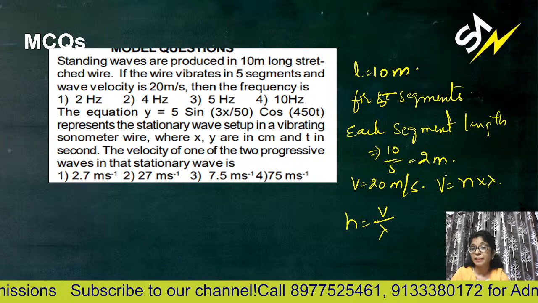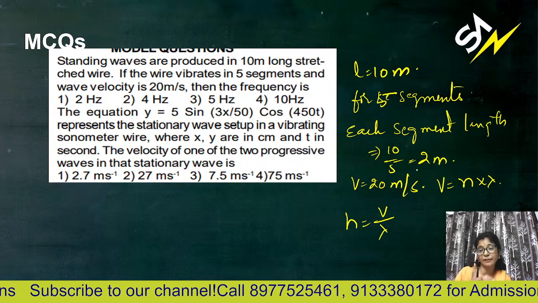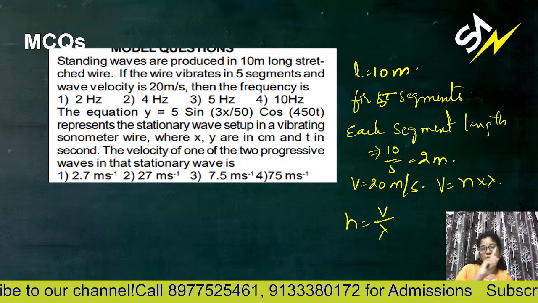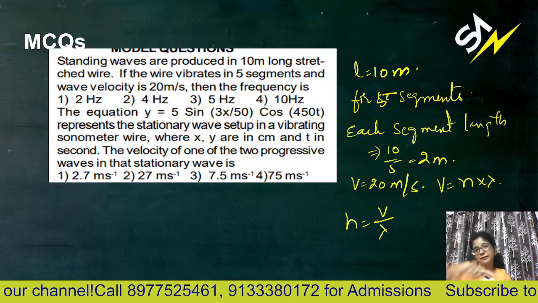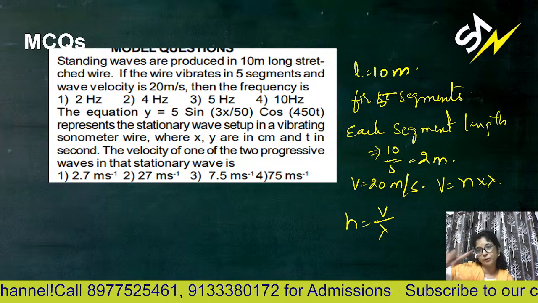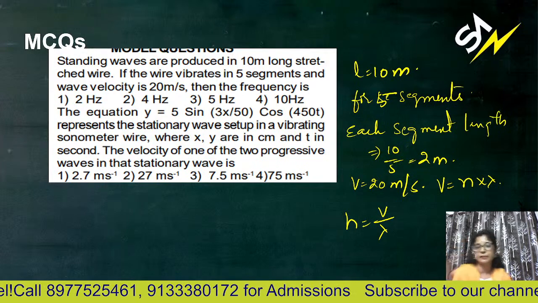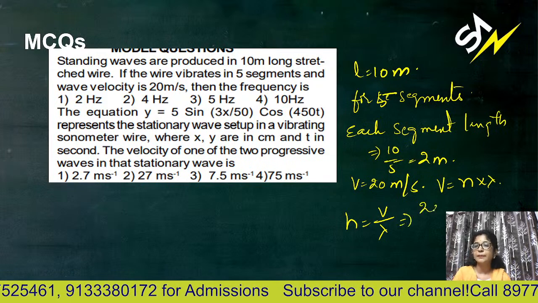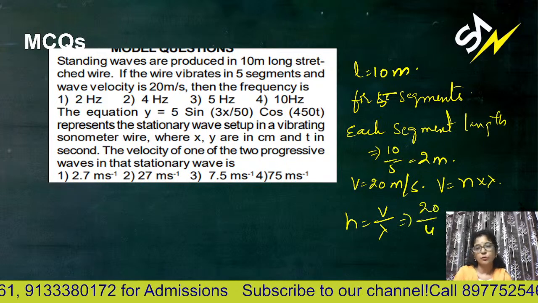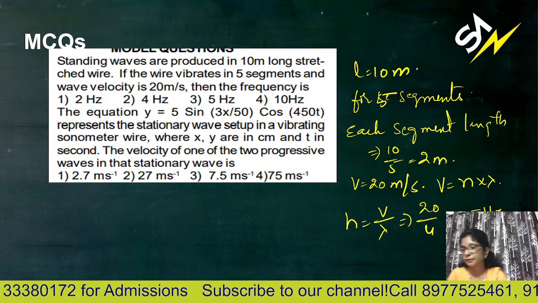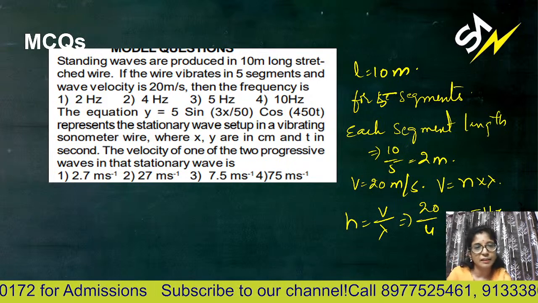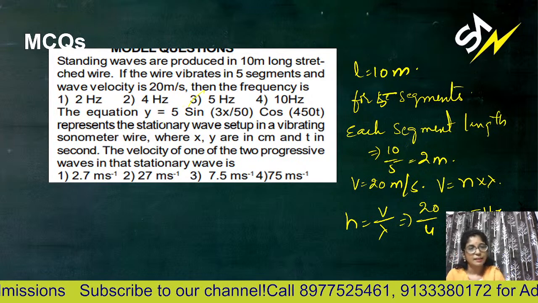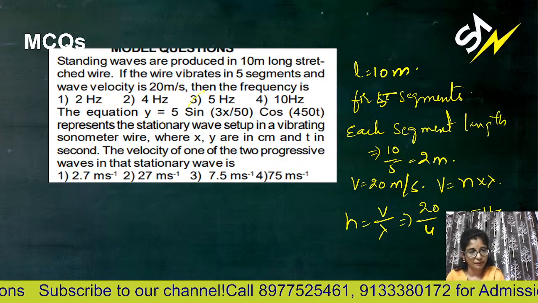One wavelength will be 2 segments, so 2 meters plus 2 meters, total lambda will be 4 meters. So this will be 20 by 4, so it will be 5 hertz. So 5 hertz is the answer for this question.